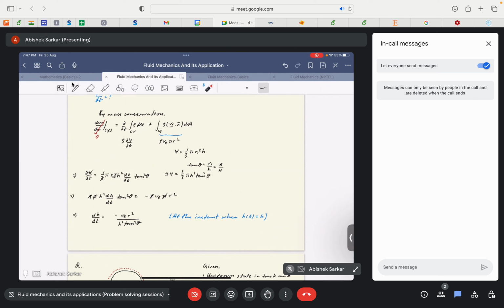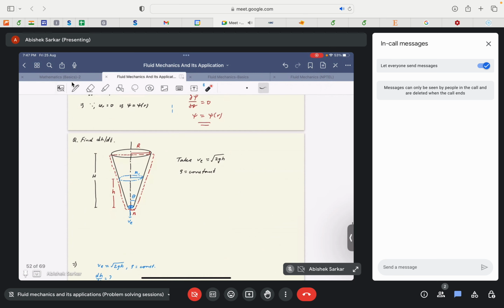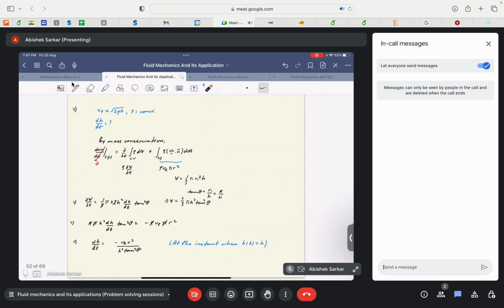So it is rho dou V by dou t plus, since there is no influx of mass here, only the fluid that was being stored here exits through the lower end of the conical funnel. So there is no inlet, and this term can be simply written as this.